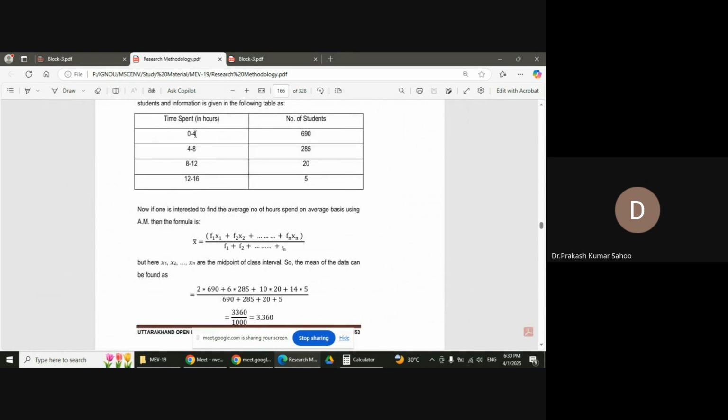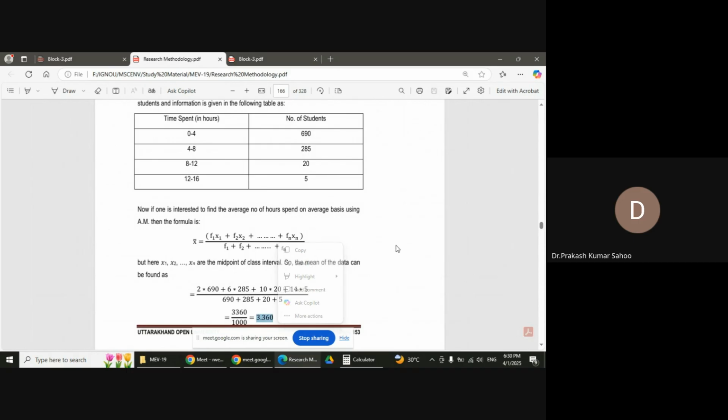So 2 into 690, 6 into 285, 10 into 20, 14 into 5, total divided by total number of students, that is the frequencies 690, 285, 20, and 5. I will get the mean time spent as 3.360.